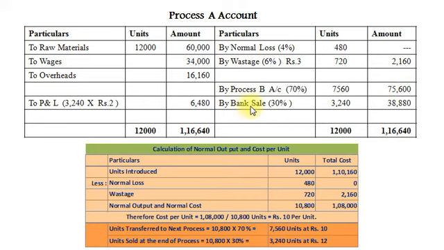So here it is by bank sales, 30% of 10,800, that is 3,240, sold at rupees 12.